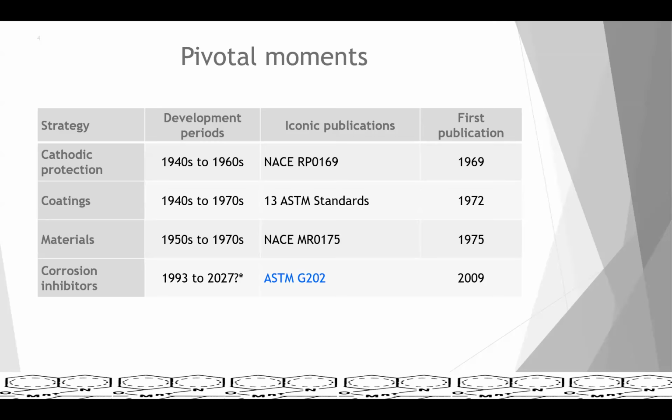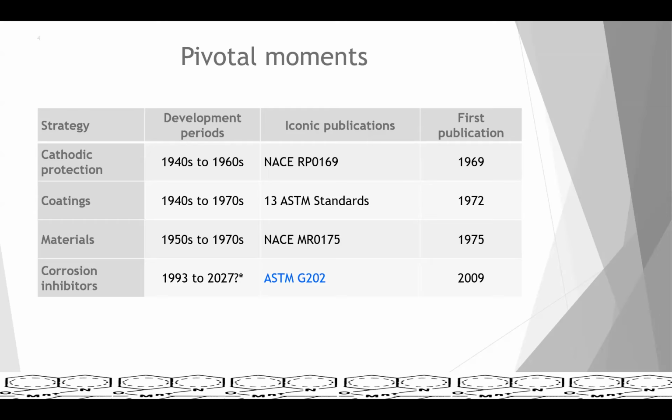The standard test methods don't get developed on their own. The industry worked very hard over a period of 20 to 30 years before a consensus standard was established. For example, to develop the famous NACE RP0169, the industry took almost 25 years.